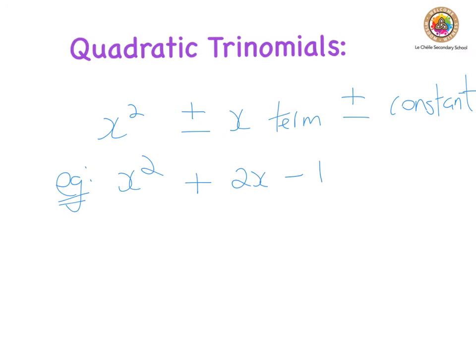Okay, and so just before we return to our example, we want to be very sure about quadratic trinomials. Like we said, 3 terms, because tri: the x squared term, an x term on its own, like plus 2x, and then a constant, which again, as we remember, is a number on its own.